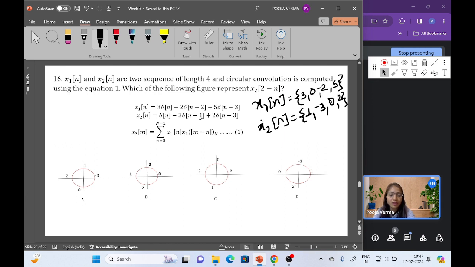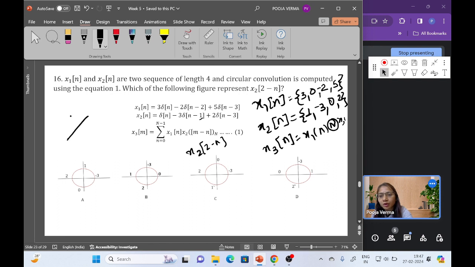Okay, so these are the sequences of x1 of n and x2 of n. Now we need to find out the circular convolution of this, that is represented as x3 of n, x1 of n circular convolution x2 of n. That is represented here. We need to find out x2 of 2 minus n.